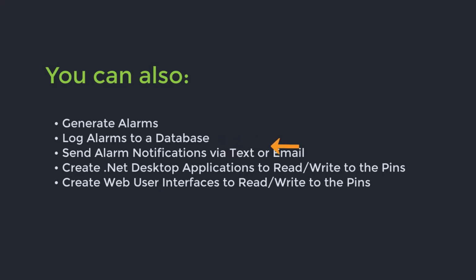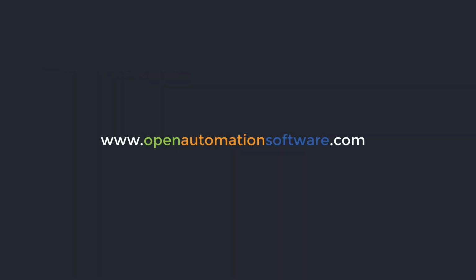You can send alarm notifications via email or text. You can create a .NET desktop application or web application to read and write to the pins. You can create a web user interface to read and write to the pins. To learn more about all of the things you can do with the GPIO pins and Open Automation Software, please visit our website at www.openautomationsoftware.com.